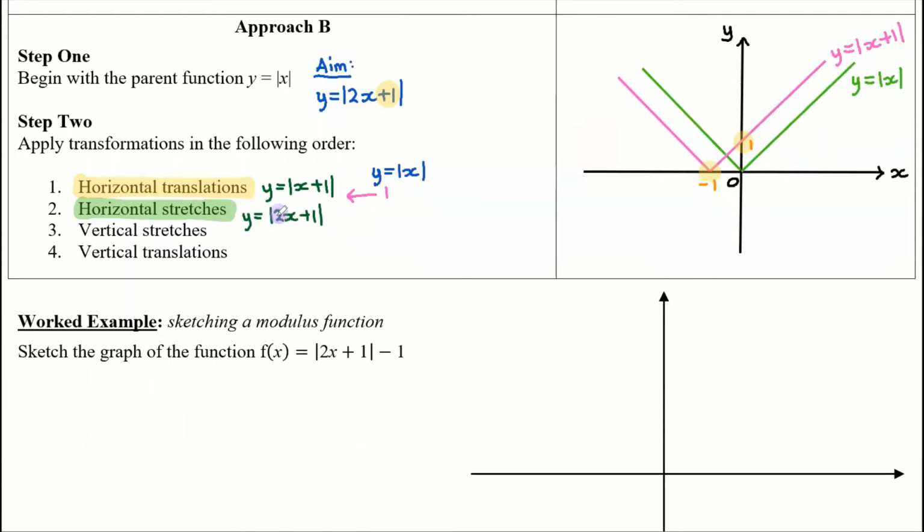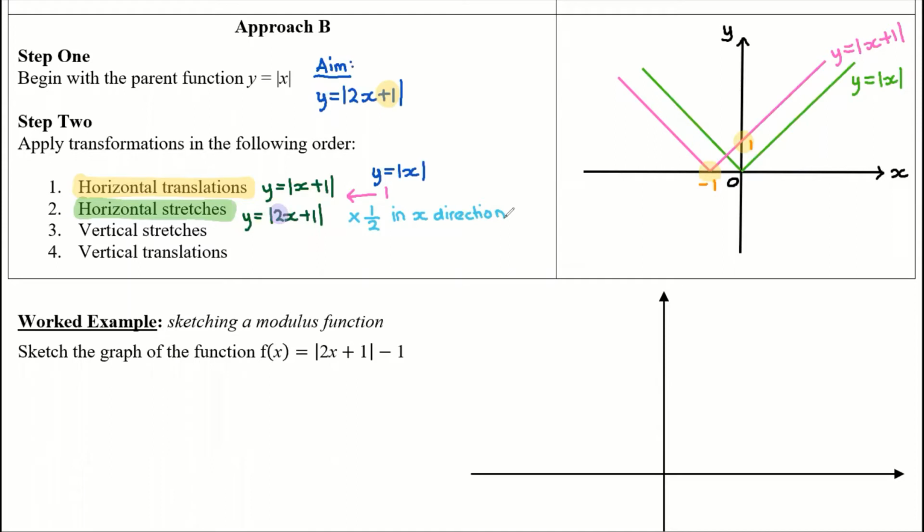then remember it's the inside opposite rule. So essentially what's going to happen is that we're going to multiply the x coordinates by a scale factor of half. Okay, so in the x direction. So nothing will happen to the y values at all, but the x values are all going to be halved.